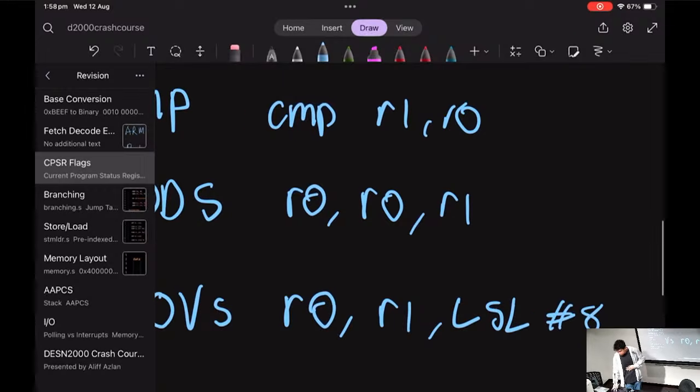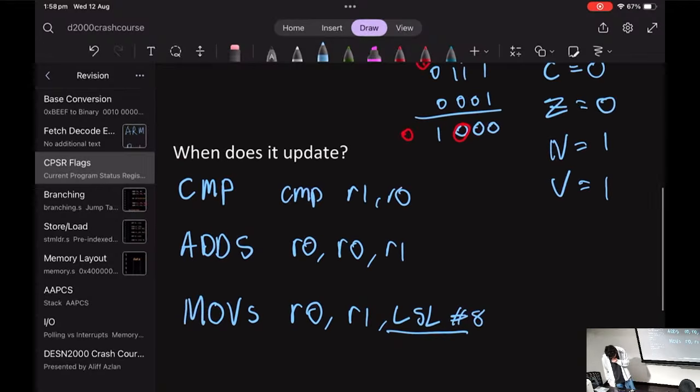Something like this can also update your CPSR flags. People tend to miss that quite a lot in exam questions, because I have seen quite a few questions that ask about updating your flags, and a lot of people tend to get these two correct, but they miss this one. So just bear in mind that you can also update your flags by using your shifter. Cool. Is there anything else?